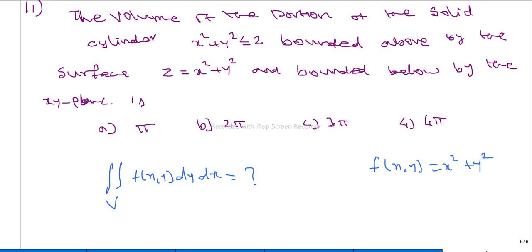Now it's a cylinder, and the base is the xy plane. What is the range for x and the range for y? Both are positive. Given that x square plus y square is less than or equal to 2, y is less than or equal to root 2, x is also less than or equal to root 2, and both are positive.